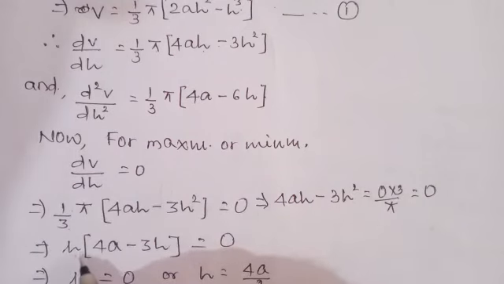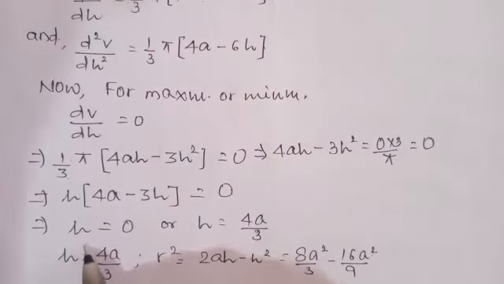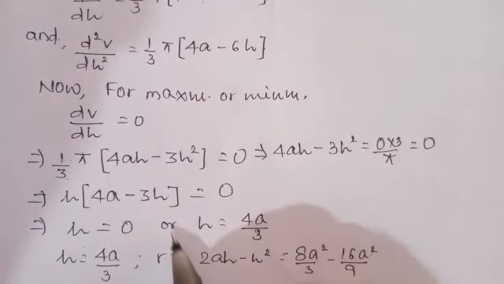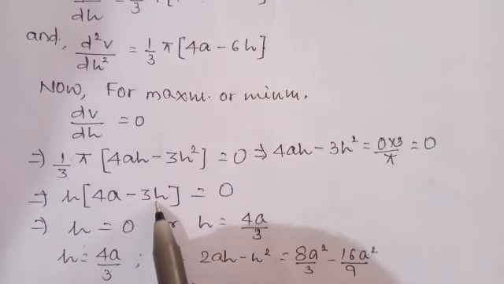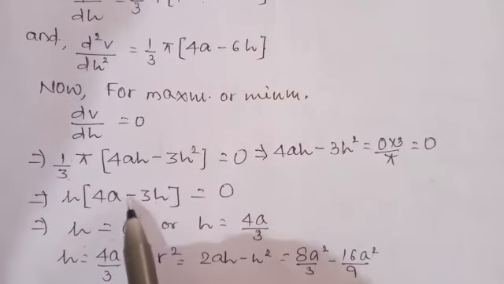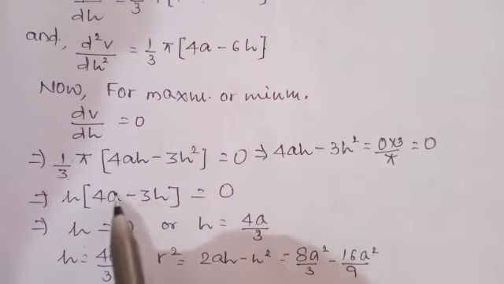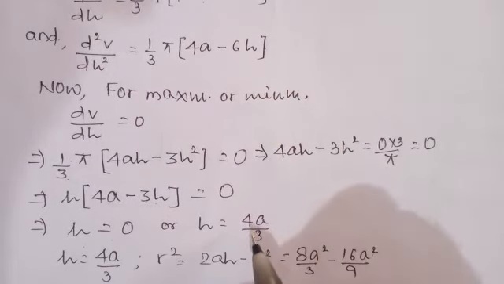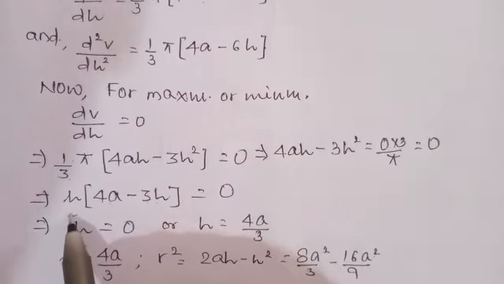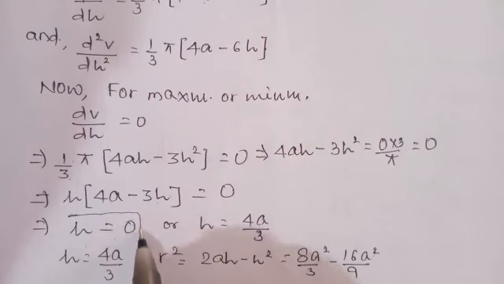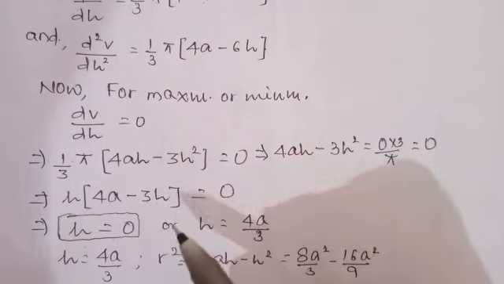Here the product of two terms is 0, meaning either h is equal to 0 or 4a minus 3h is equal to 0. 4a minus 3h equal to 0 means h is equal to 4a upon 3. One value you have got is h equal to 0. h means height of the cone.